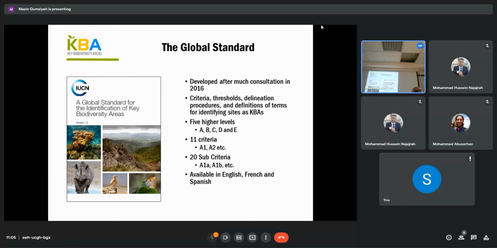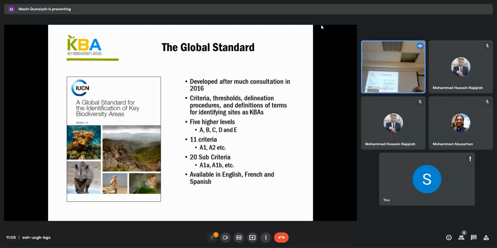That doesn't mean that the other sites are not important, but if you have to set priorities, it's important to concentrate where the resources have to be allocated to be more efficient to prevent the loss of biodiversity.